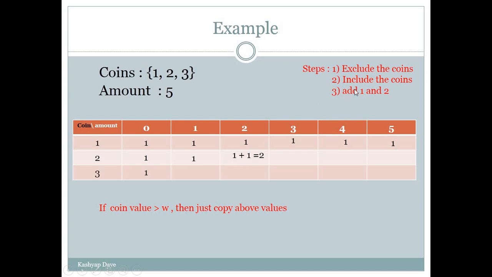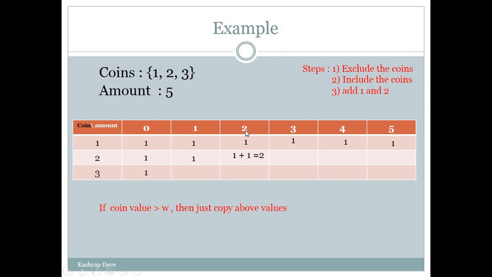So we will have value 1 from including the coin. And third step says we have to add both of them. So 1 plus 1 will be 2. So with using coins of 1 and 2, we will have 2 ways by which we can make our amount 2.